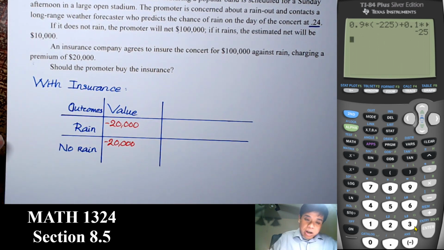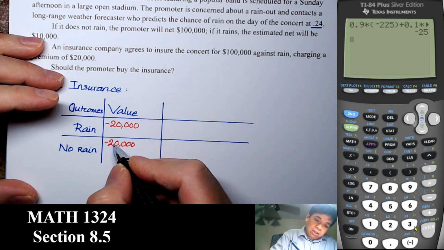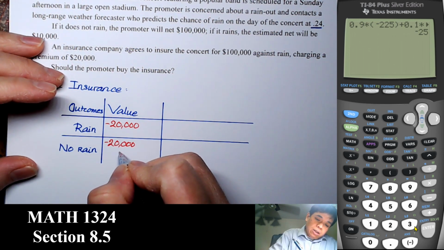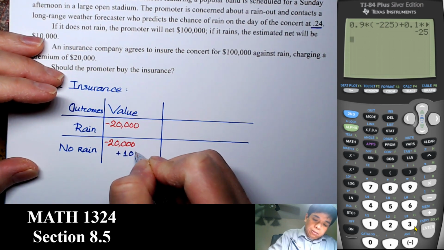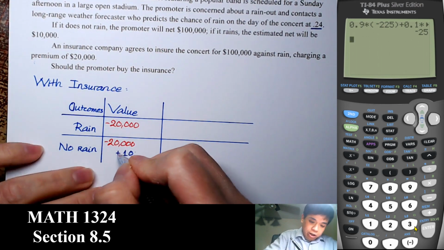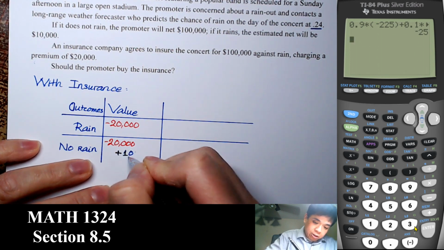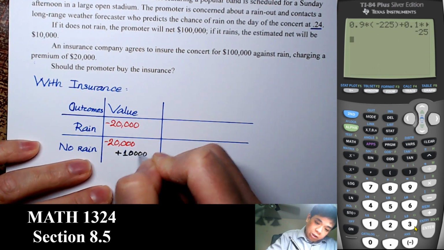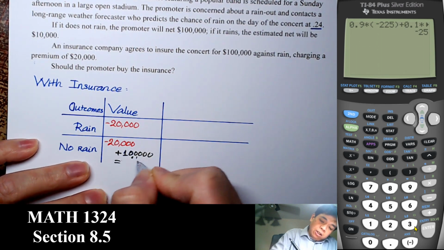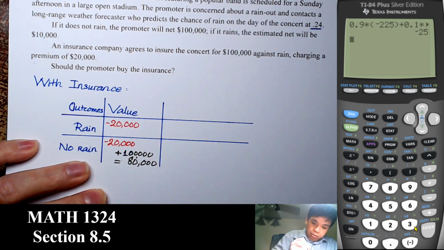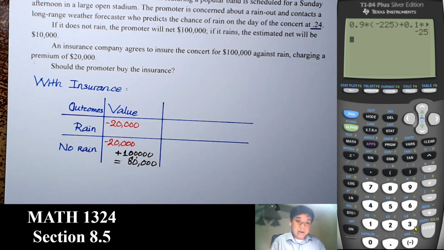But if it's no rain, you're going to net $100,000. Sorry, so that gives us 80,000 if there's no rain.